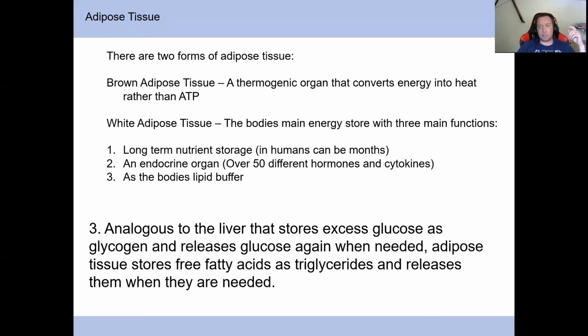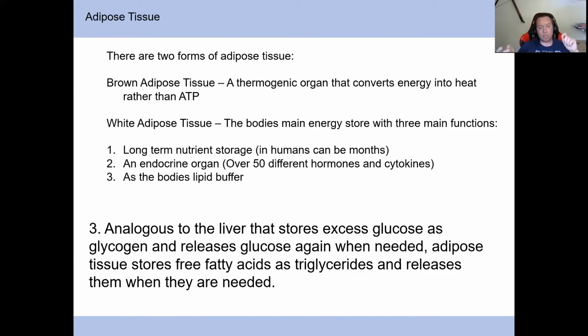And I would argue the following, which is that adipose tissue is pretty much analogous to the liver, in that the liver stores excess glucose from our diet, excess carbohydrate, as glycogen when we eat. And then when we stop eating, when we go into a fasted state, like when we're asleep, it's able to release that glucose again when we need it.